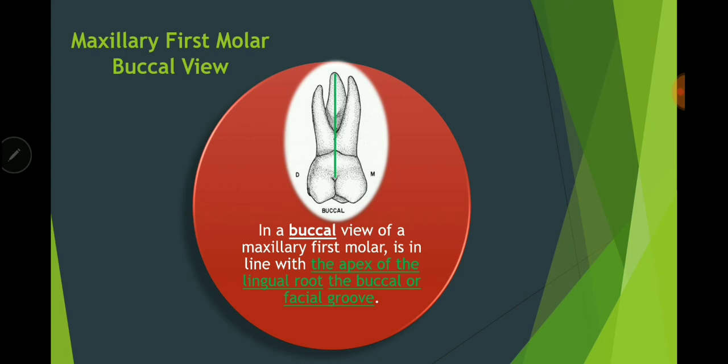Okay. Maxillary first molar, this is the buccal view. This view you're supposed to know. So in the buccal view, if you draw a line from the apex of the palatal root, the line is going to meet with the buccal groove of the maxillary first molar.